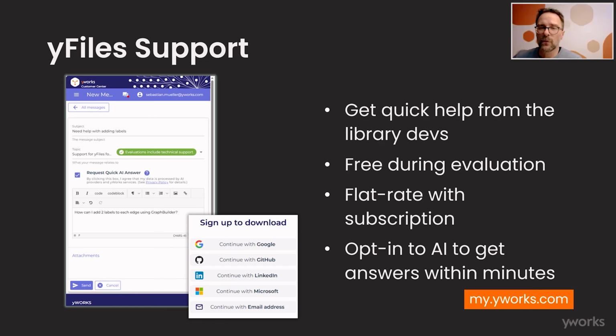This works really well for those questions that can be answered by actually looking at the API. So it won't be able to understand your project, and it won't be able to help you with debugging an issue because that's typically not part of the documentation. But for any question that you have regarding this documentation, try out the Request Quick AI Answer button, and you will get an answer within 2 or 3 minutes, basically.